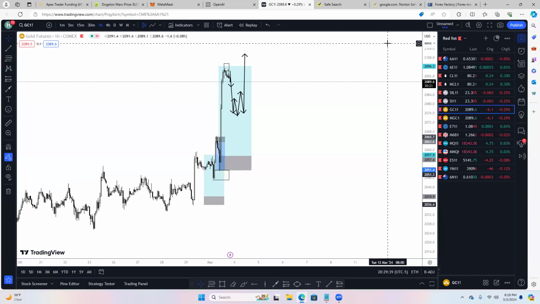The real move will happen on NFP day or the day before, Thursday. Yeah, that's the day the real move will happen.